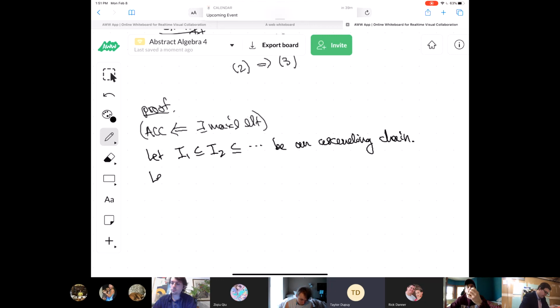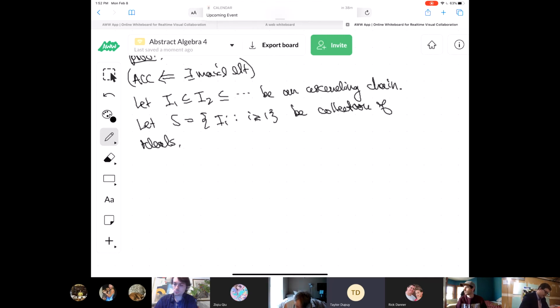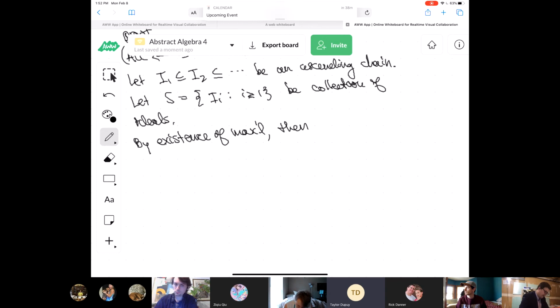So we're going to let S be the collection of these ideals I_i, for i greater than or equal to 1. So by the existence of a maximal element in S, there exists some n such that I_n is maximal.